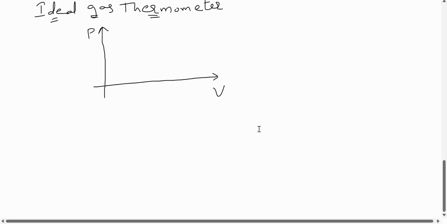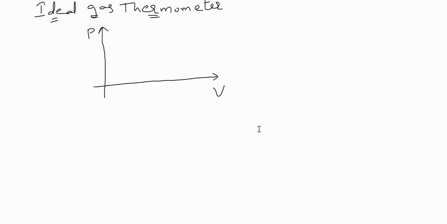Now we have the ideal gas thermometer. Compared to other thermometers, the ideal gas thermometer is widely used at lab level or in scientific research labs. Ideal gas thermometers are used where more precision is required.